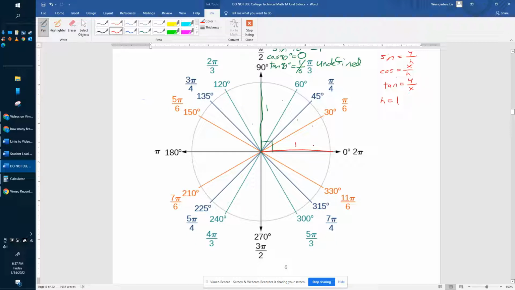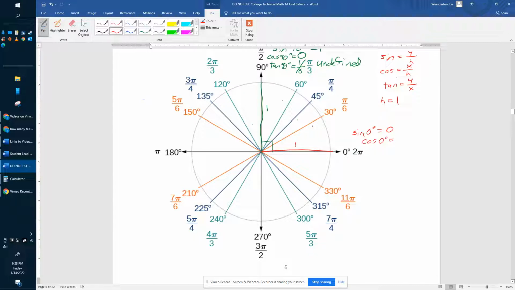Sine is y over h. Hypotenuse is 1. Y, we aren't going up at all from the x-axis, so y is 0. So 0 over 1 is totally allowed, and it is 0. How about cosine of 0 degrees?